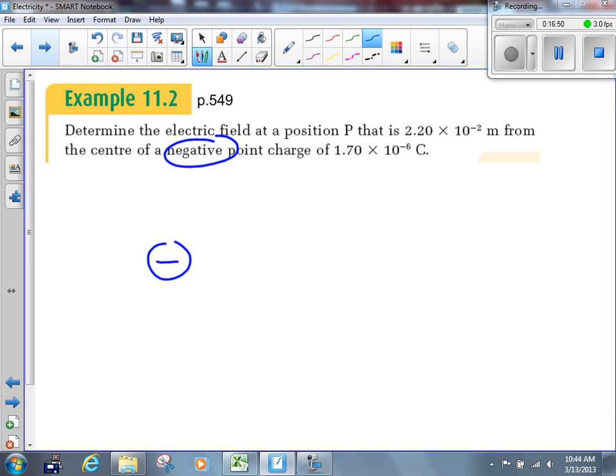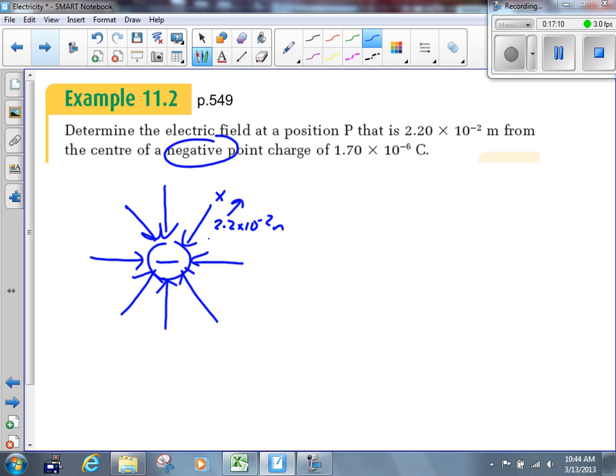Here's a negative point charge, and it's got an electric field surrounding it like this. It points towards it. And we're trying to find the field strength out here, which is 2.2 times 10 to the negative 2 meters away from it. The charge of this thing right here is going to be 1.70 times 10 to the negative 6 coulombs.